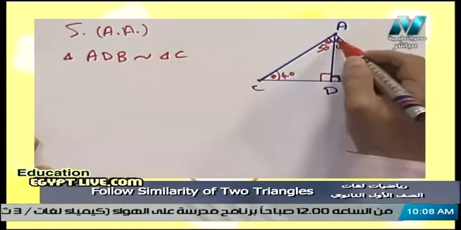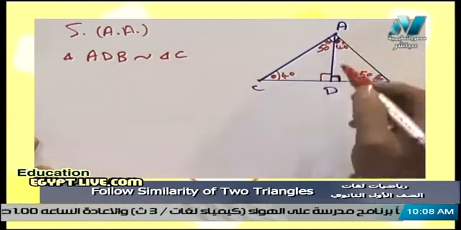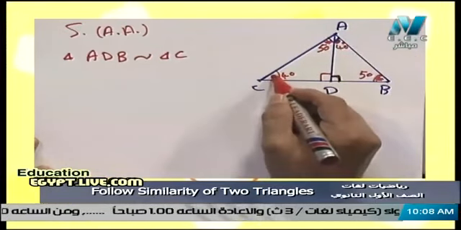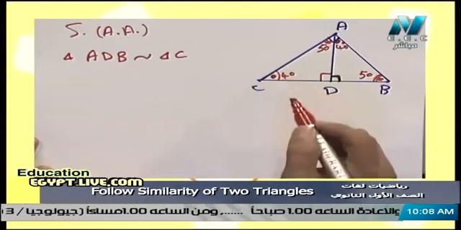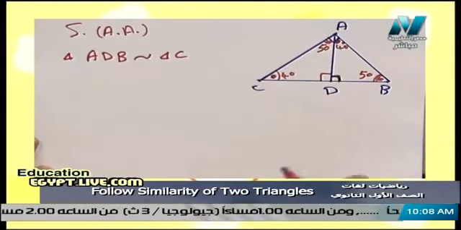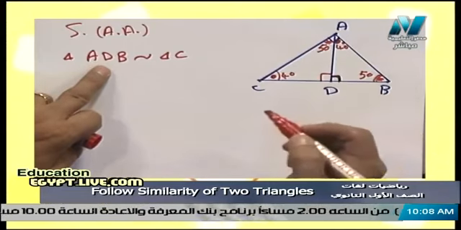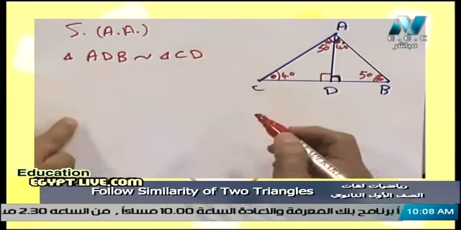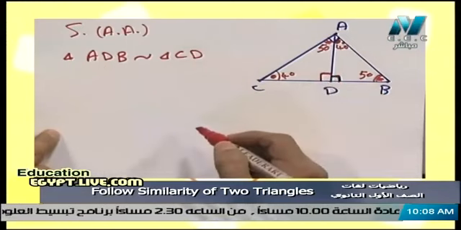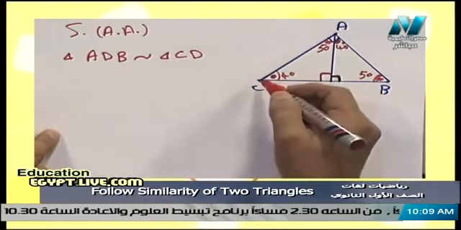A is 40, or dot here, so it's corresponding to C, which is 40 also. And D here is a right angle, so it corresponds to D, which is also a right angle in the other triangle, and so it's CDA.